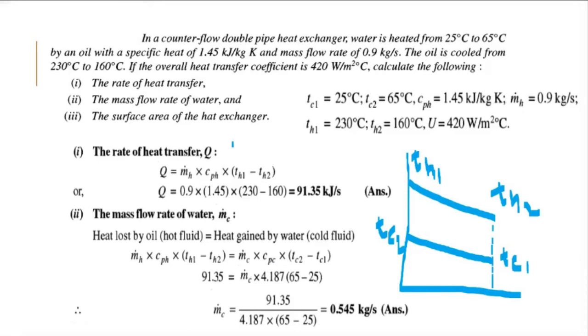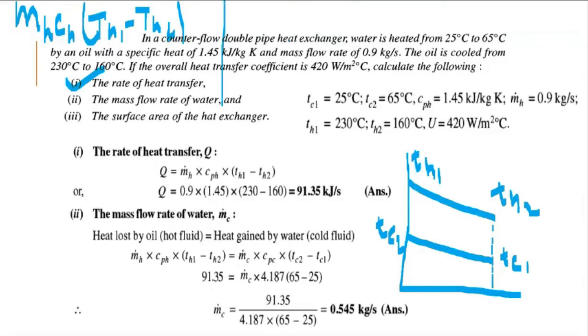Now, for this data, they are asking you to find different things. First is find the rate of heat transfer. For finding the rate of heat transfer, we have three different formulae. First is mH CH (TH1 minus TH2). This is the heat lost by the hot fluid.